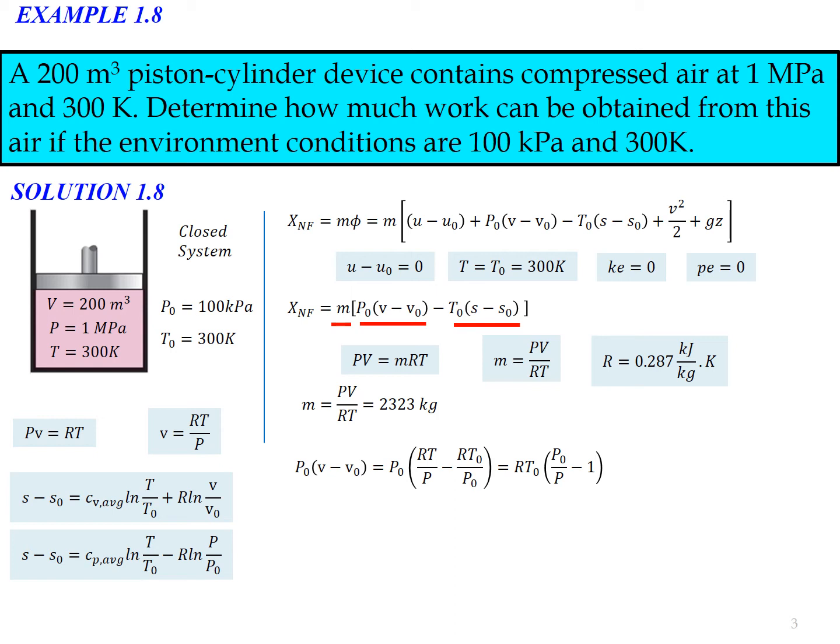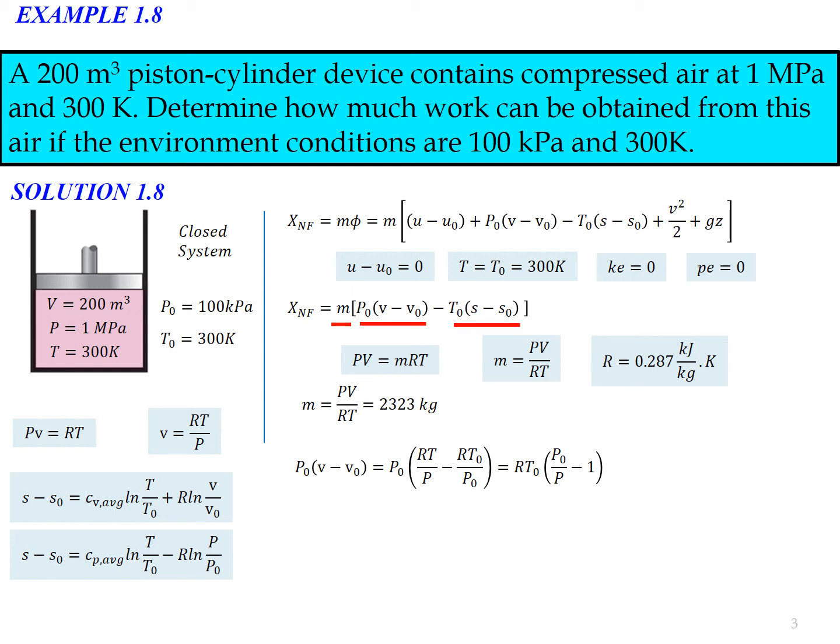The second equation: S minus S naught equal to CP ln T divided by T naught minus R ln P divided by P naught. So we can use both equations to determine the value of S minus S naught.